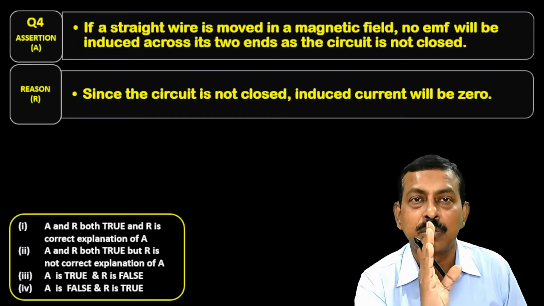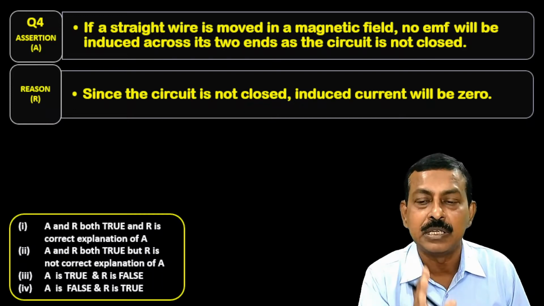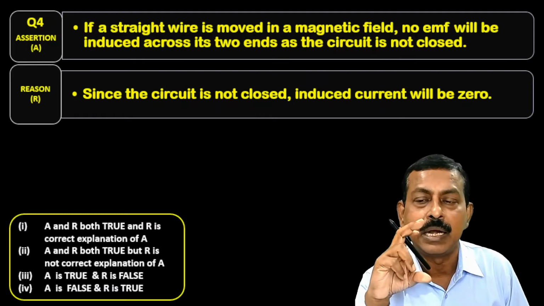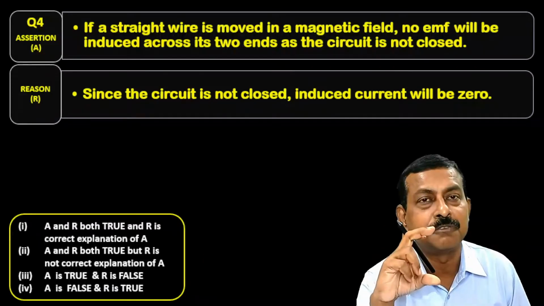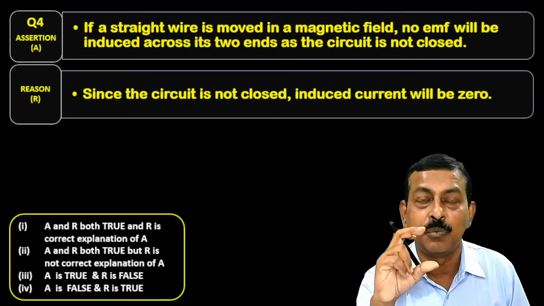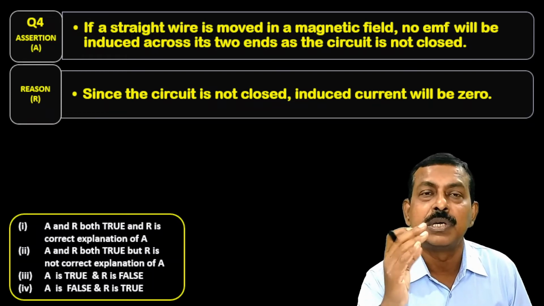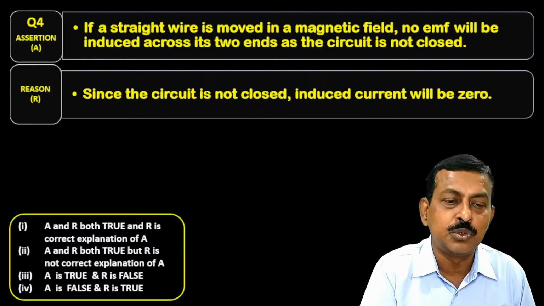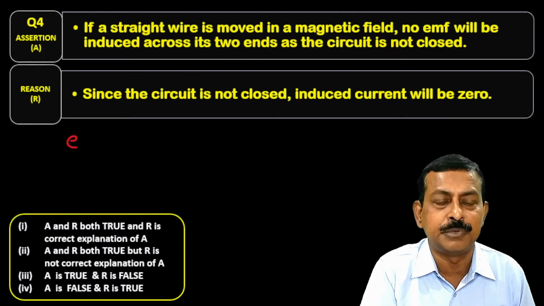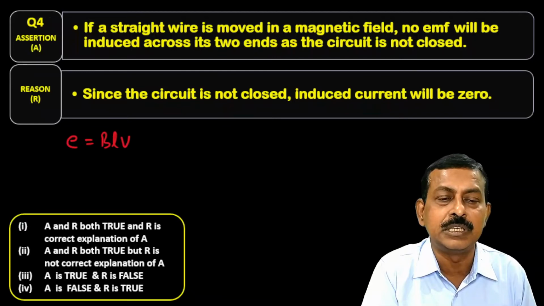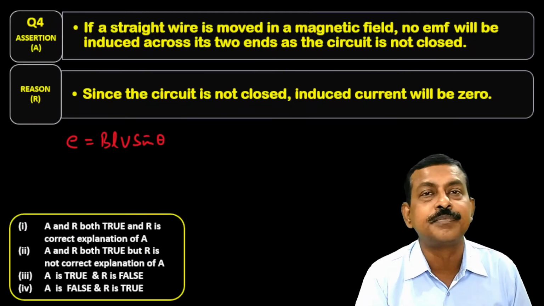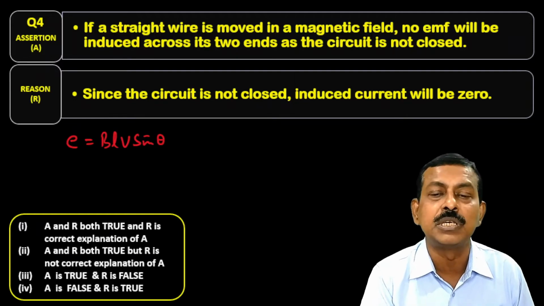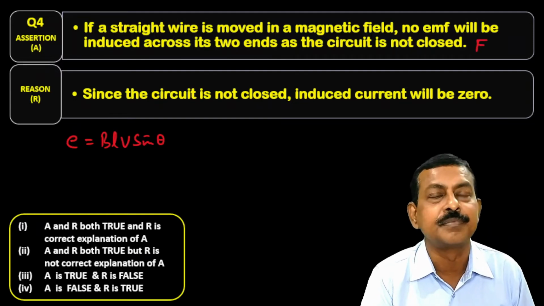Due to the motion of the conductor in the magnetic field, they will experience force and move from one point to another, making a potential difference develop across its ends, which is the cause of the EMF induced across the ends. You know that EMF is taken as BLV sin theta. So if it is saying that no EMF will be induced, this is false.